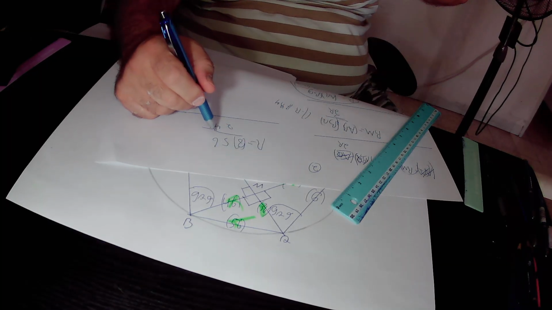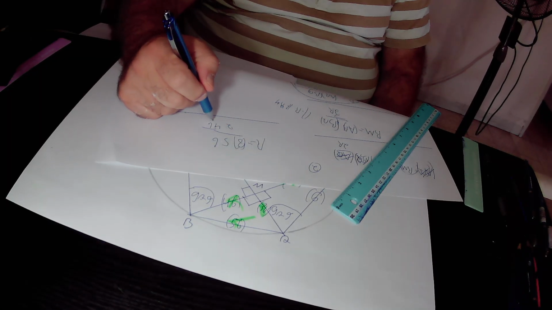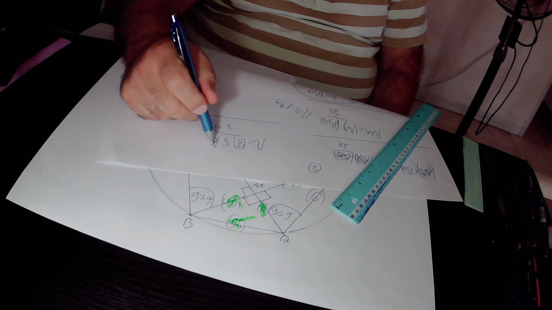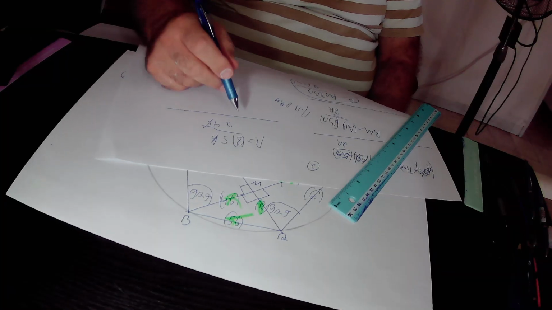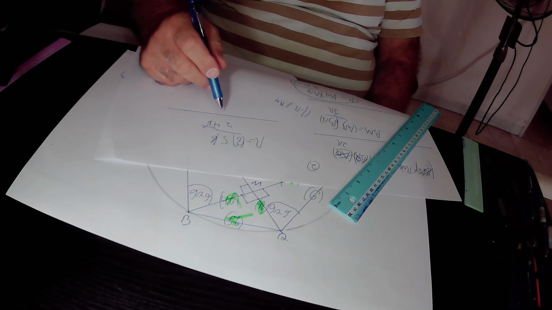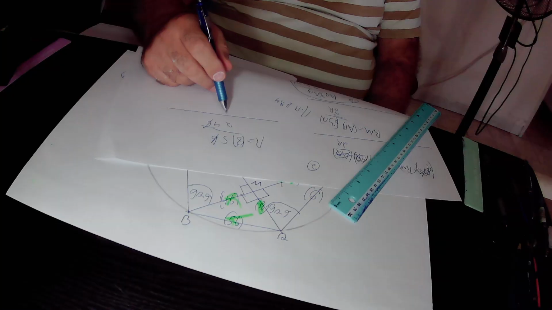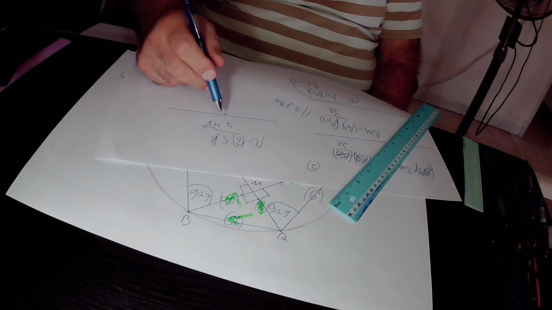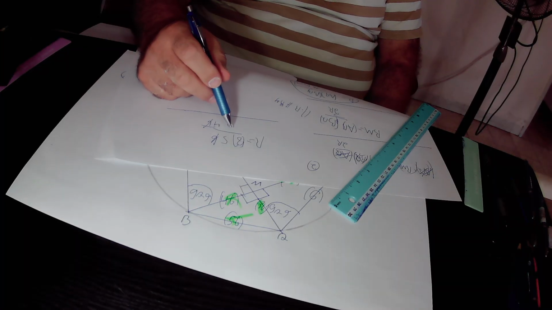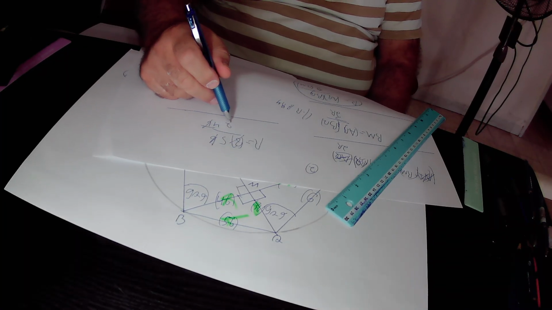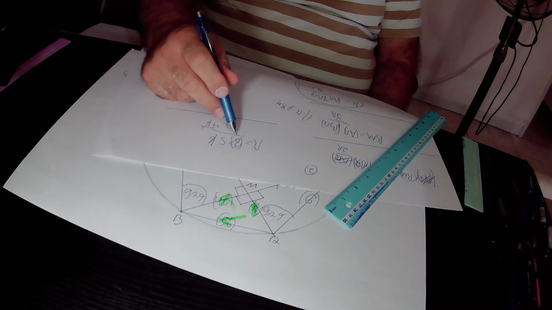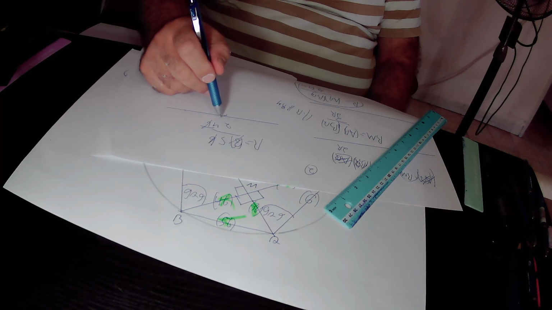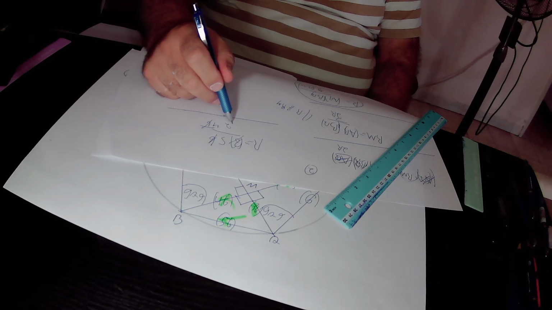We have b in the numerator and b in the denominator, so b will get cancelled. And we have 8 in the numerator and 2 times 4 is 8 in the denominator, so they will be cancelled.